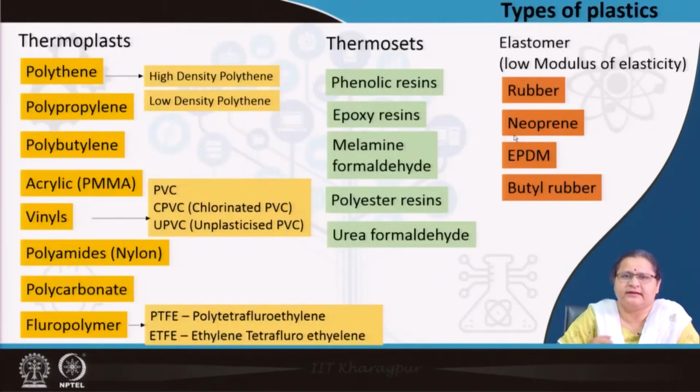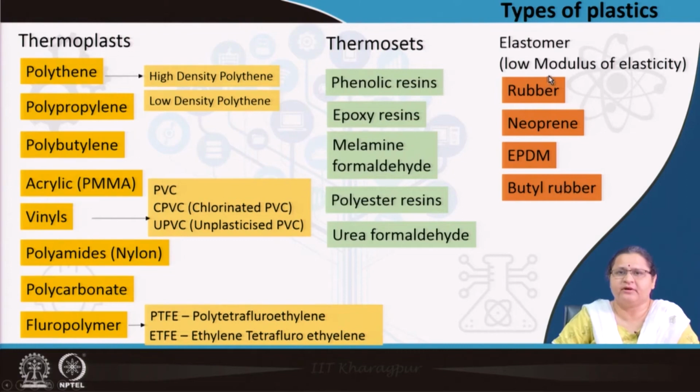So, first let us try to see this slide. Here you see the same names, the thermoplasts, the thermosets, and also there is another in orange, which has low modulus of elasticity, which is nothing but the elastomers, which is also derived from petroleum.